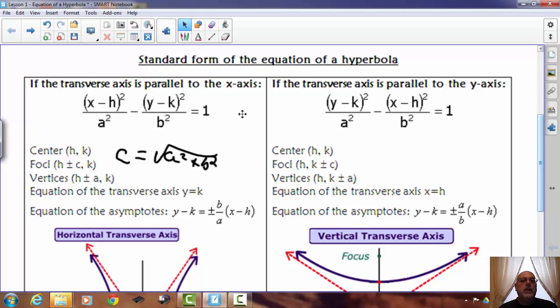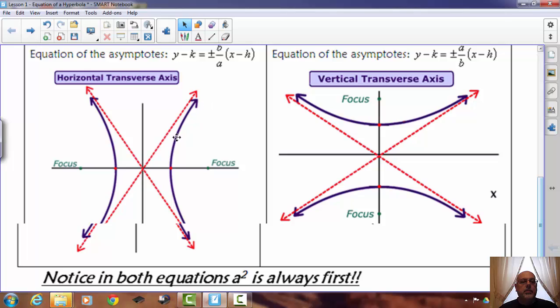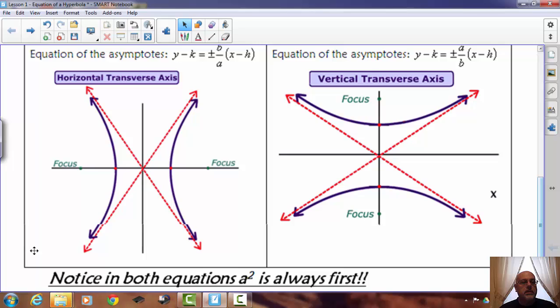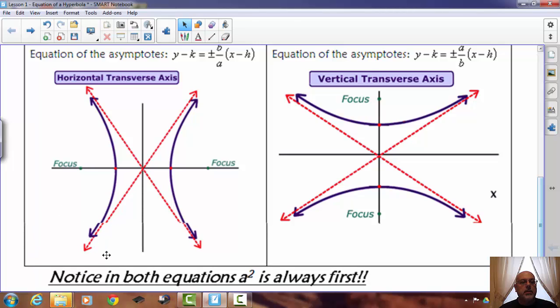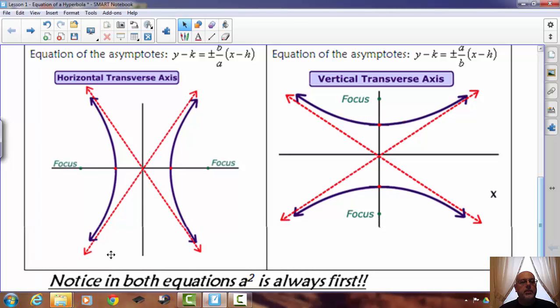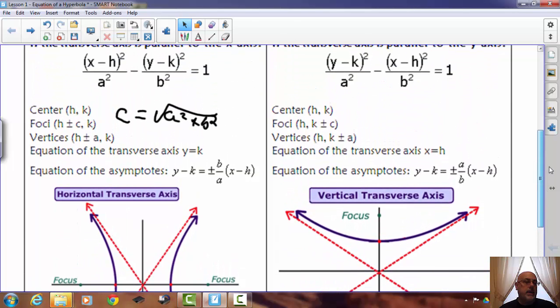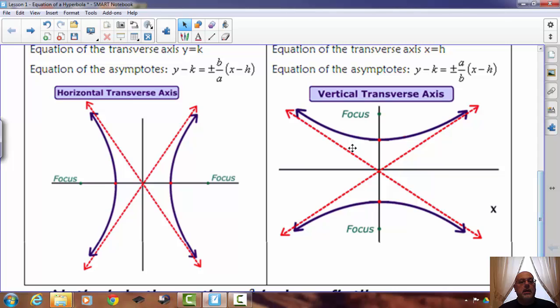When the x terms are first, the hyperbolas open left and right, as opposed to up and down. So when the x terms are first, like x minus h squared, the hyperbola opens left and right, and the two focus points are here and here.